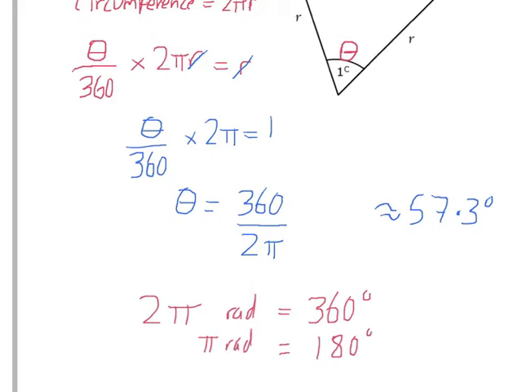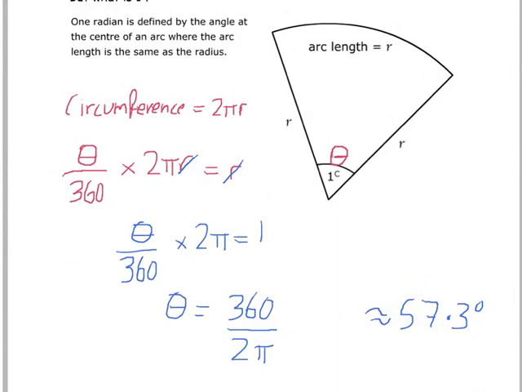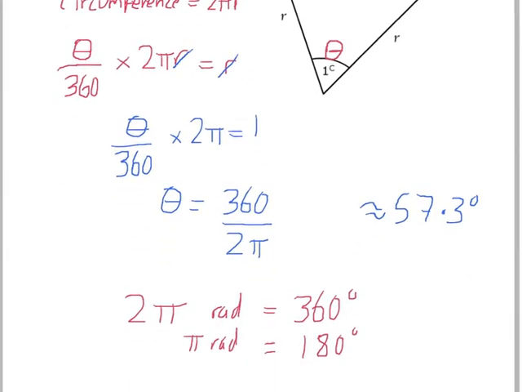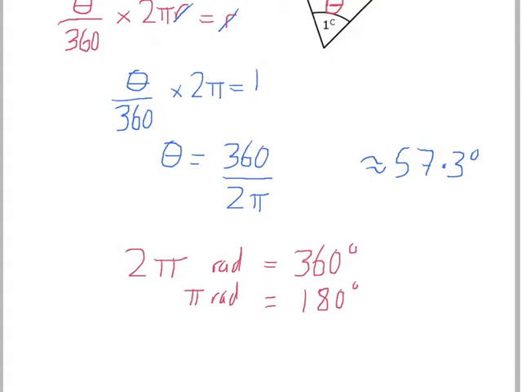And what we're going to be doing is we're going to use this new measurement system to find an equation for calculating arc length, for calculating the area of a sector, and for calculating the area of a segment. We are also going to be using radians when we do problems to do with trigonometry, and we'll have to tackle questions depending on what we're given, if we're given the angles in radians or in degrees.